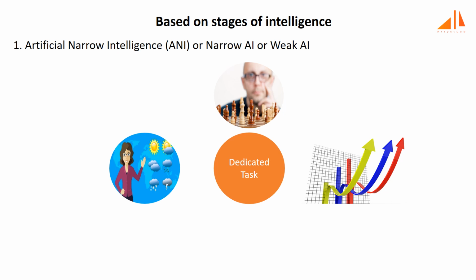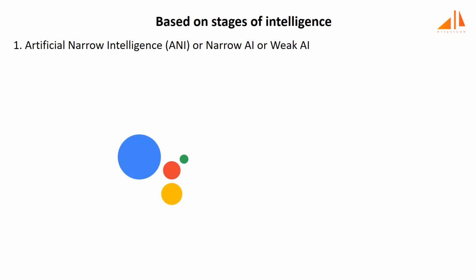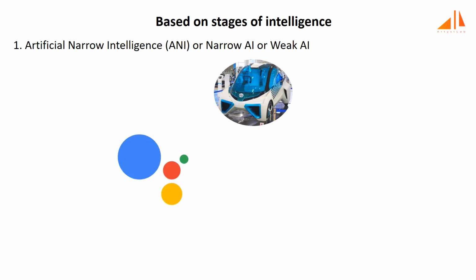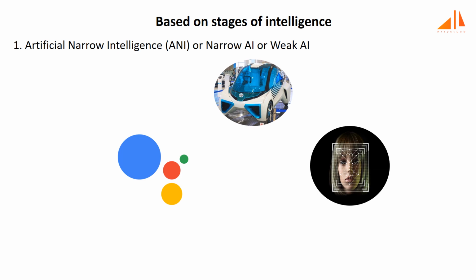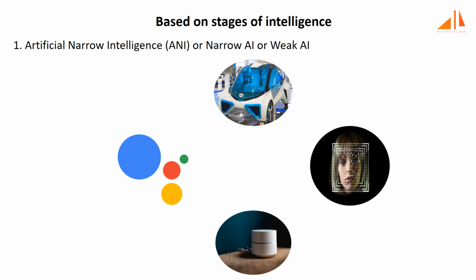ANI systems utilize information from a specific data set. That's why these systems don't perform outside of a single task that they are designed to perform. AI systems built till date fall under the category of narrow AI. Google Assistant, self-driving cars, live face recognition systems, or Siri are examples of narrow AI.